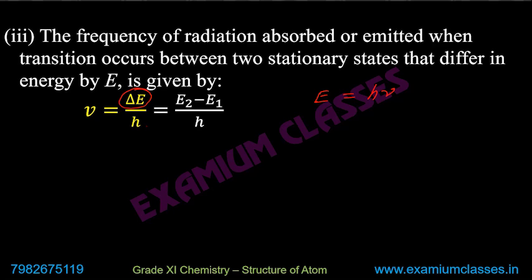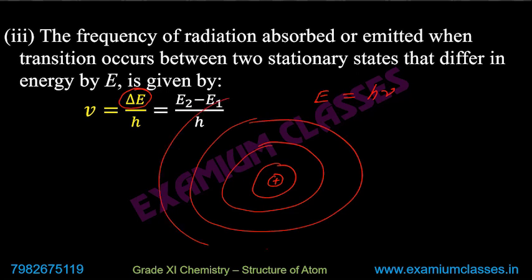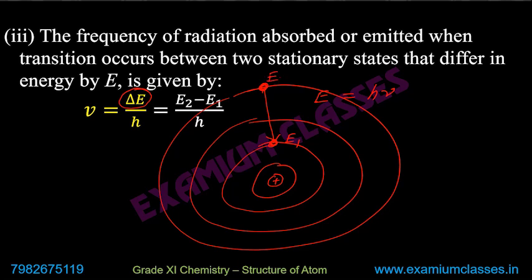And that's what Bohr said, that if any electron moves from a higher orbit to a lower orbit, it will release energy. How much energy will it release? It will release energy equal to the difference. If here energy is E1, here energy is E2, so delta E will be the difference, E2 minus E1.